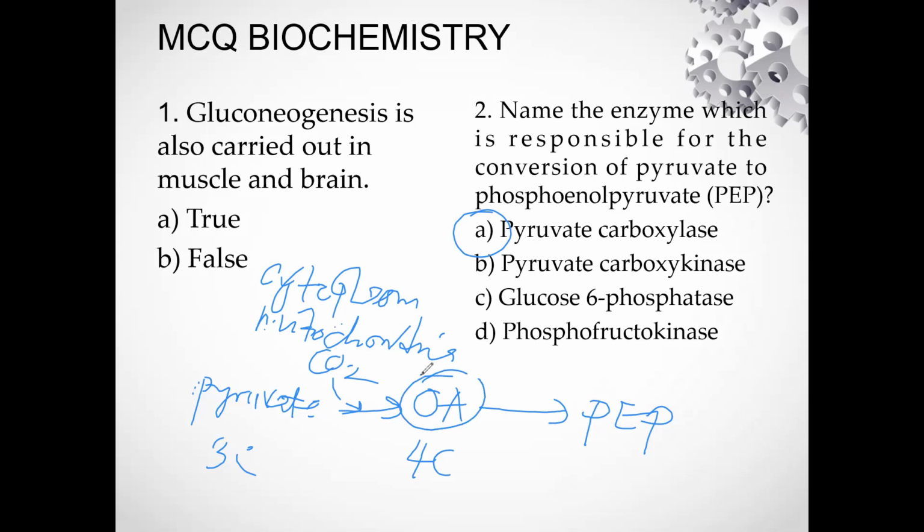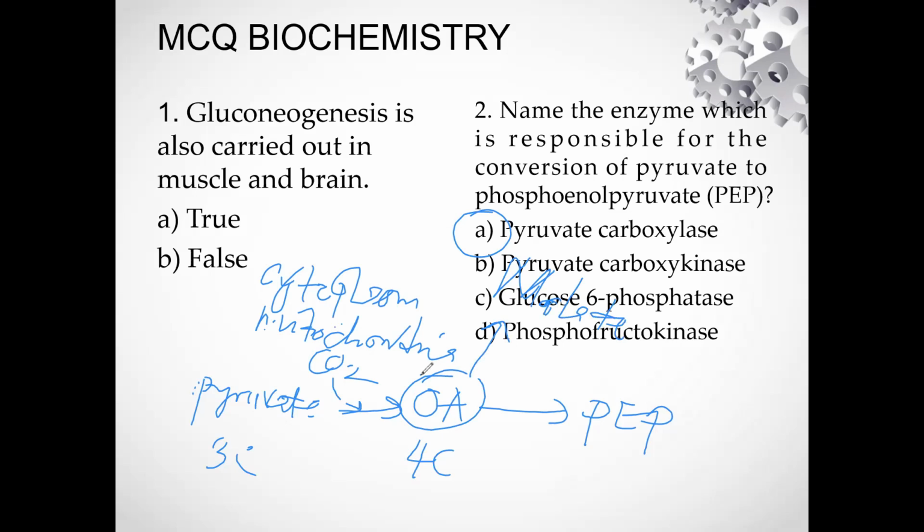And then this oxaloacetate generated in the mitochondria cannot be transported directly from the mitochondria to the cytosol because the mitochondrial membrane lacks an oxaloacetate transporter. As a result, before this oxaloacetate is converted into phosphoenol pyruvate, it will first be converted into malate.